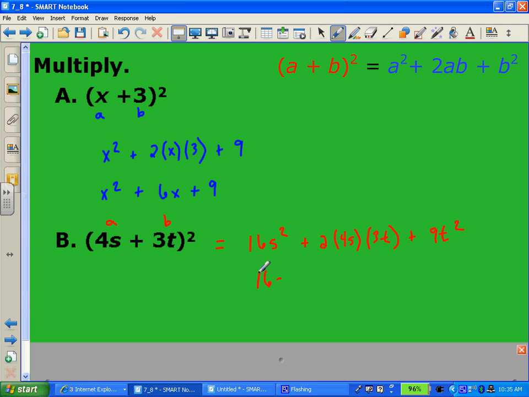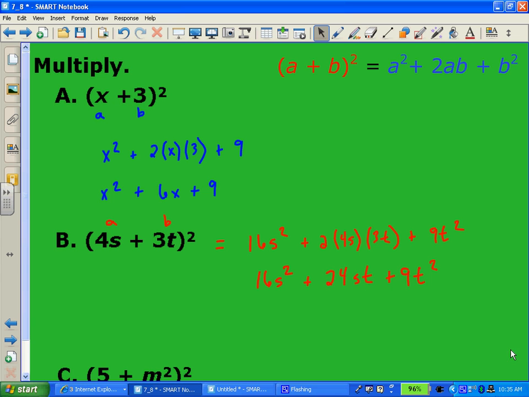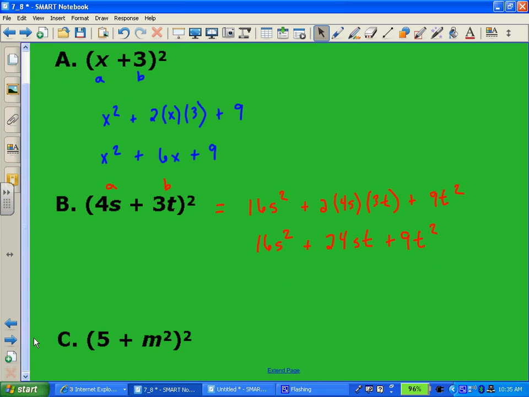So then I would get 16s squared plus 2 times 4 times 3, so that's 24st, plus 9t squared. I could even skip the first step where I write out 2 times a times b. If I can do that in my head, I could just get straight to the answer.